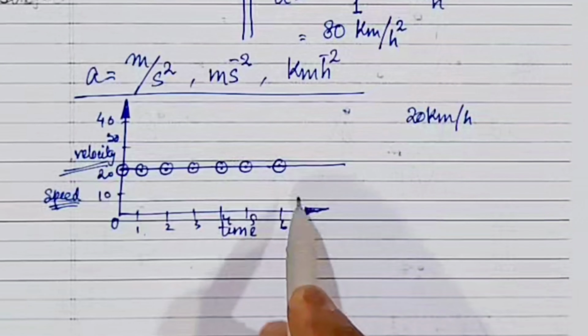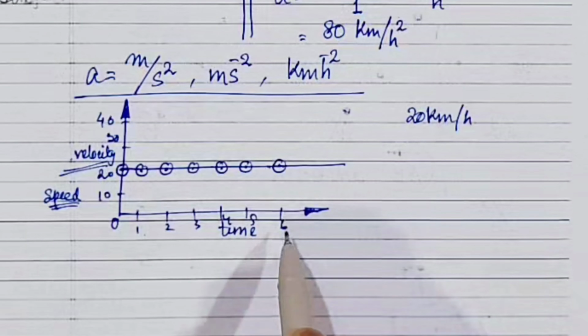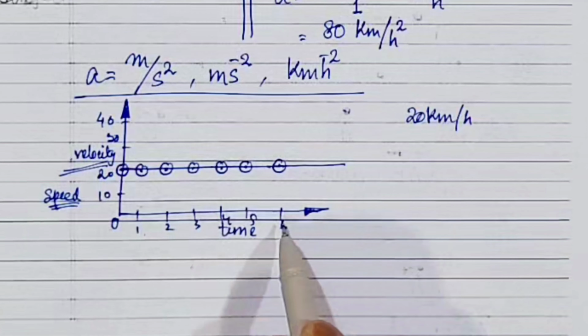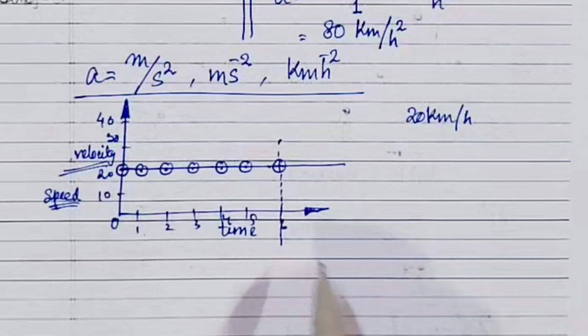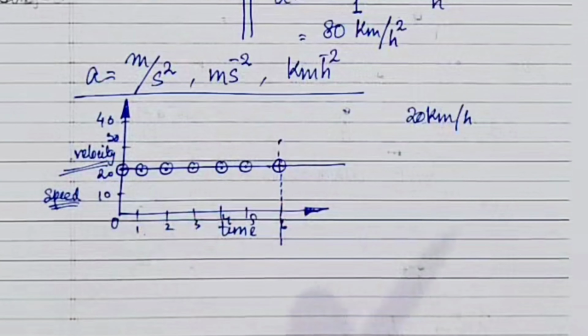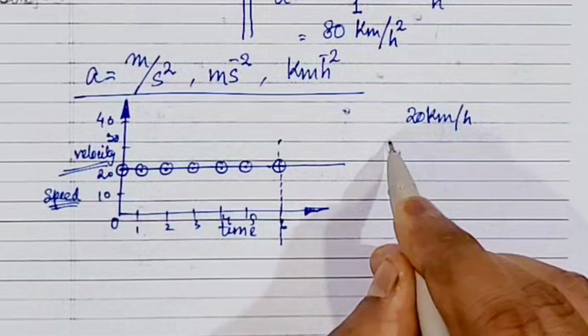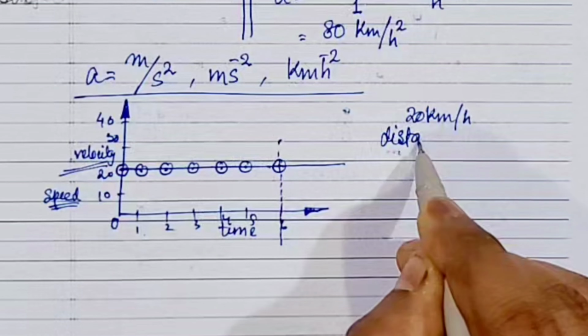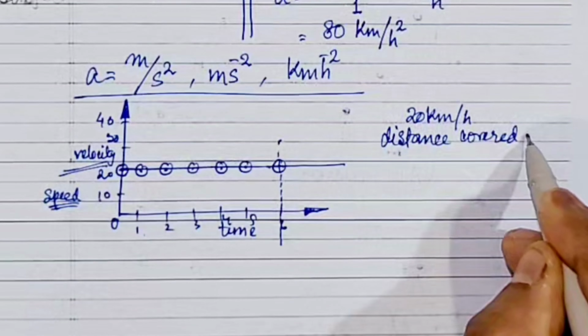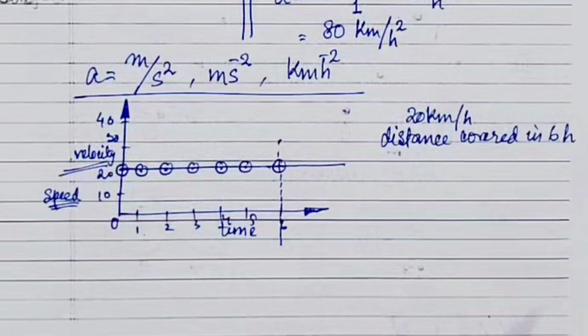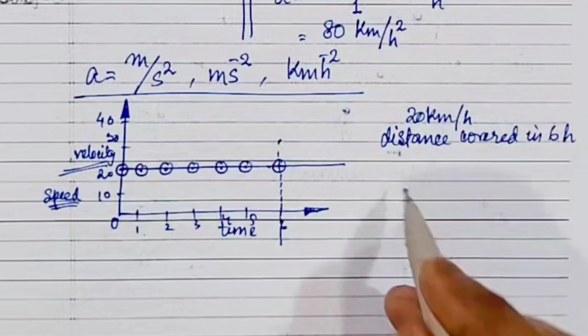So let's say I am interested in what happened between 0 and 6 hours. So I will close this with an imaginary vertical line. Forget the chart for a moment. What was the distance covered in 6 hours? How will you find that out?